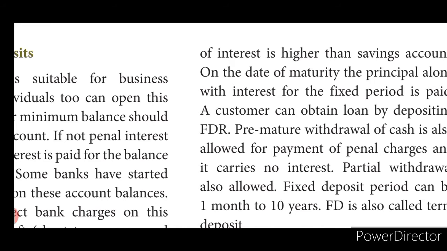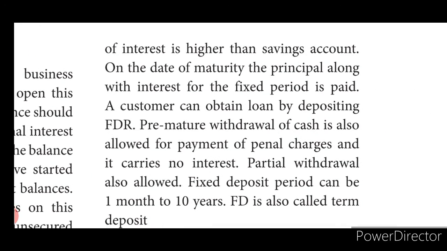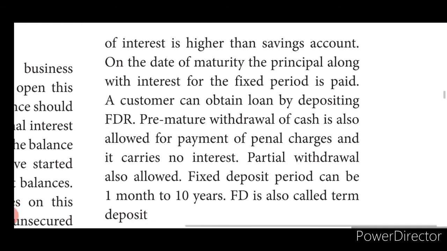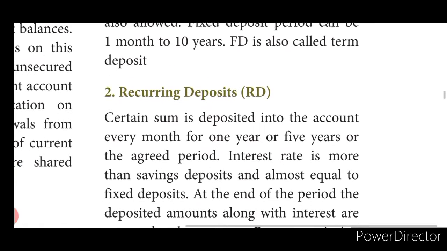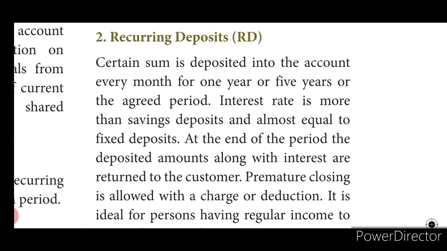The interest rate will be higher than the saving account. It will not be very much more, but it will be a higher value, and you will get both when your account matures.